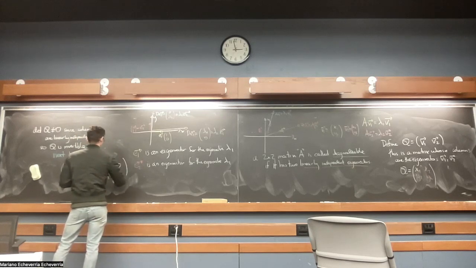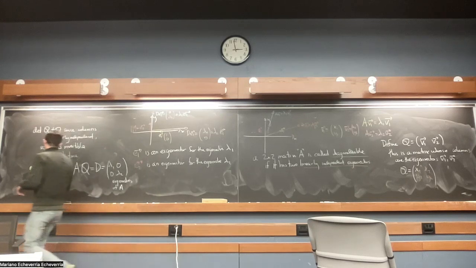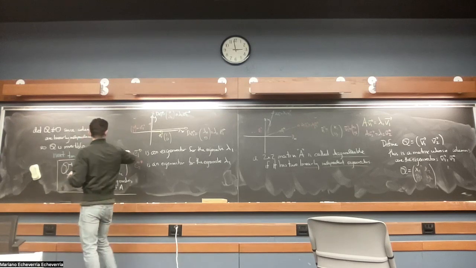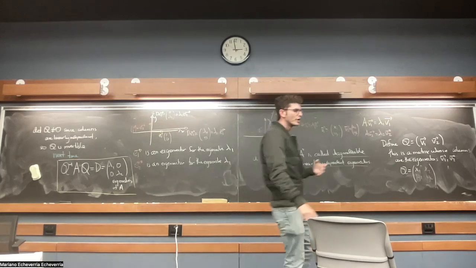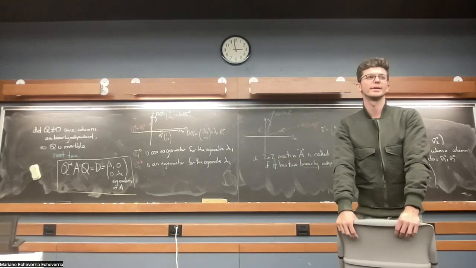This is the eigenvalues. This is the most important equation when it comes to diagonalizable matrices. Sometimes that's how a diagonalizable matrix is defined.